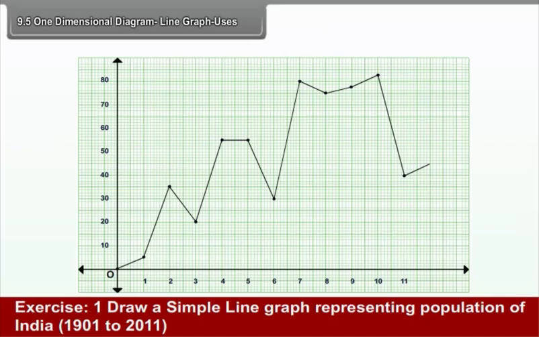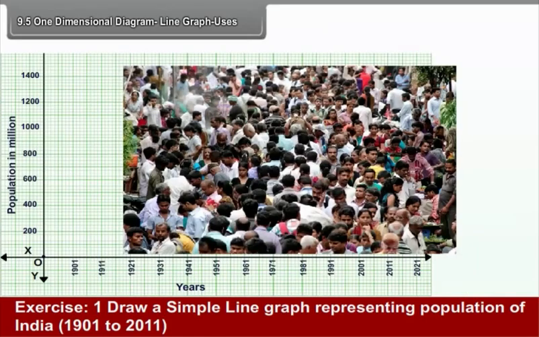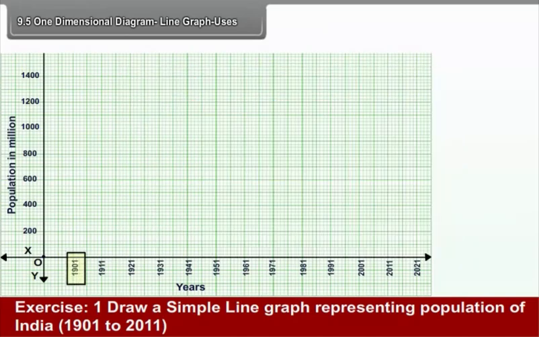Exercise 1. Draw a simple line graph representing population of India 1901 to 2011.